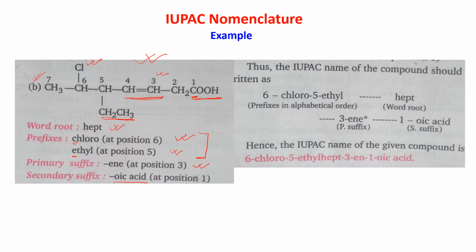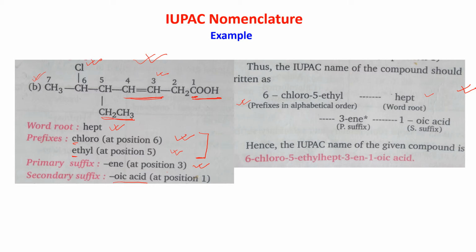Now let us see the IUPAC name. Prefixes in alphabetical order, that I already told you. So with the position, that also I told you. So it is 6-chloro, 5-ethyl. Word root hept. Then primary suffix -yn, but in 3 positions.